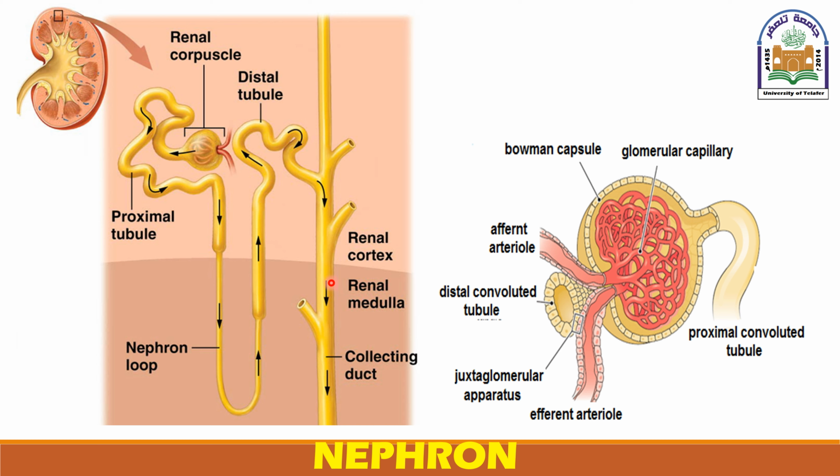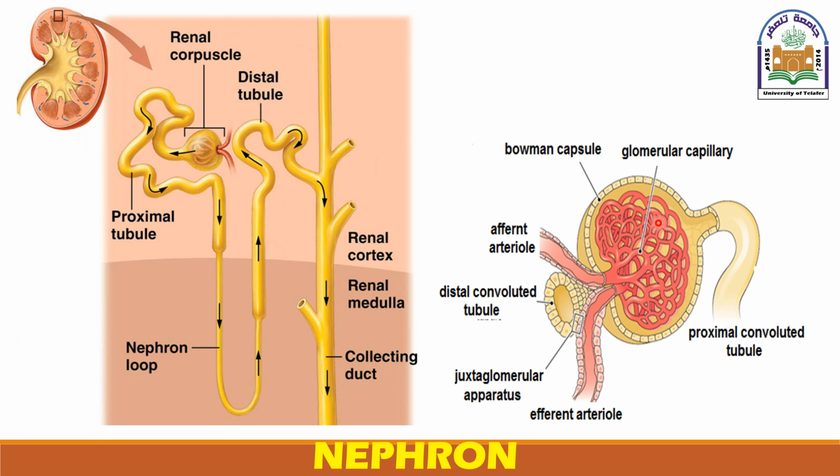The collecting tubules of many nephrons combine with each other to form large collecting tubules, which in turn combine to form what is called the duct of Bellini. The duct of Bellini opens at the tip of each renal pyramid into the minor calyces. Here is the tip of the pyramid, and the duct of Bellini opens into the minor calyces of the kidney.